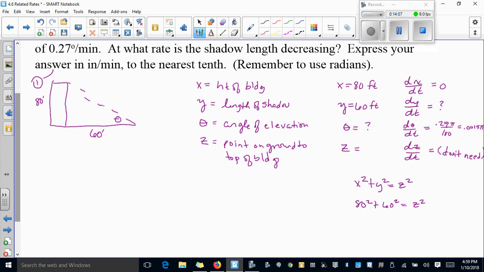So z is going to equal 100. By the way, I could have noticed it's a 3, 4, 5 triangle, just calculated what it would be multiplied by, and gotten to my 100 that way. So my z value is 100.